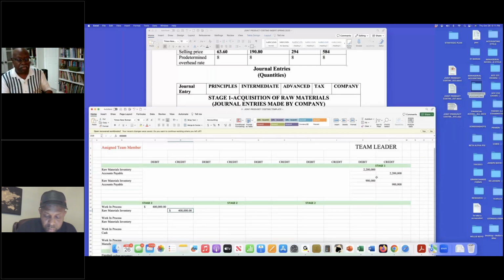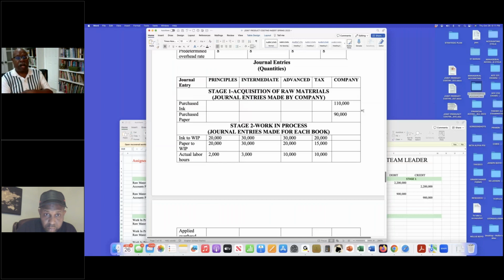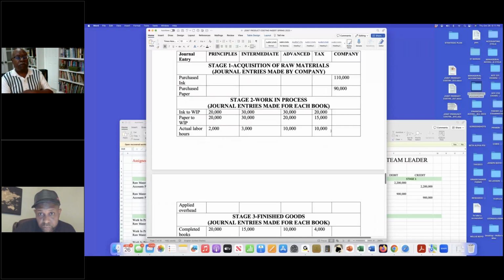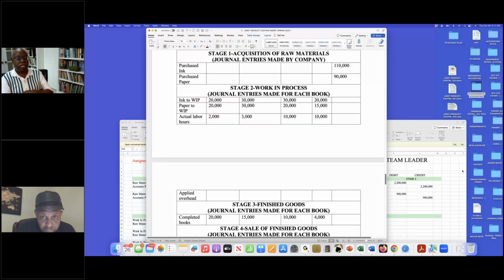Now, what you all are going to do is get together and make the rest of these journal entries. I've made these 2 journal entries. These are all quantities. So for principles, you all are going to come in here and use these numbers and transfer in the ink, the paper, record the labor, apply the overhead to come up with the stage 2 numbers for your book.